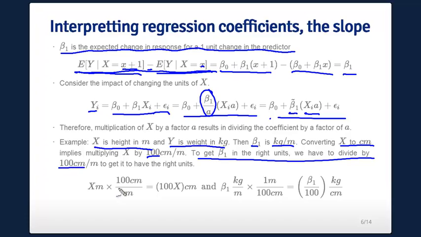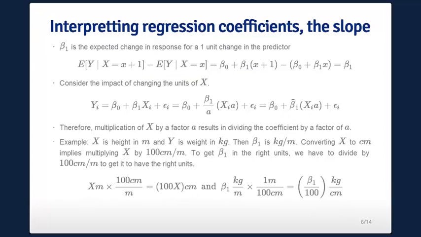Here's the unit discussion right here. We have x meters times 100 centimeters in 1 meter, winds up with 100x centimeters. And beta 1, which is in kilograms per meter, times 1 meter in 100 centimeters, works out to be beta 1 over 100 in kilograms per centimeter. So if you keep track of your units, you can't mess it up.